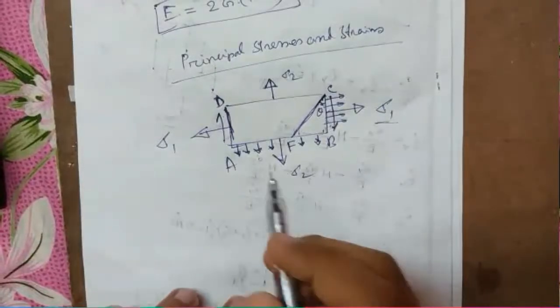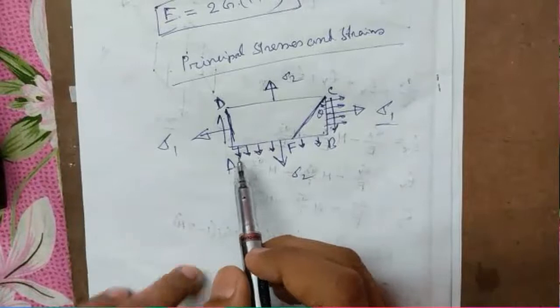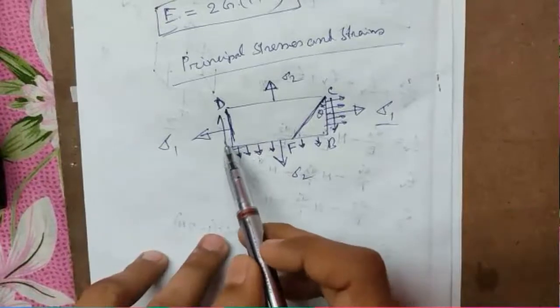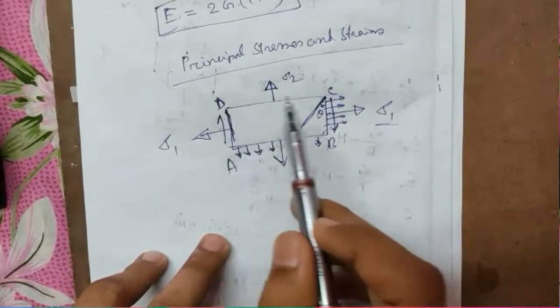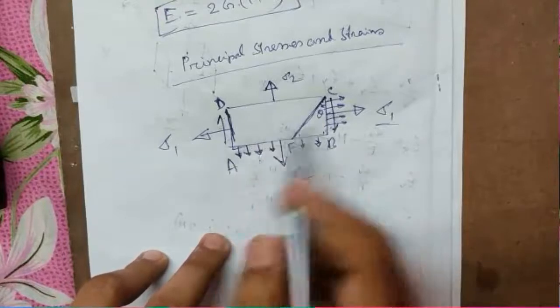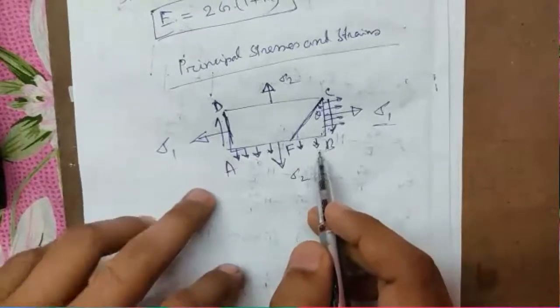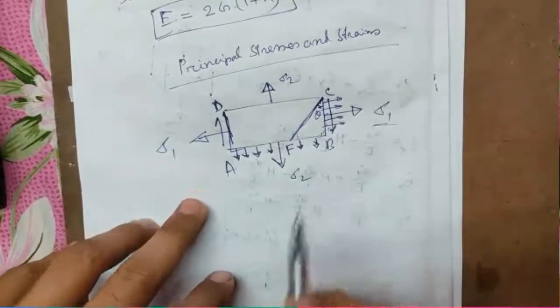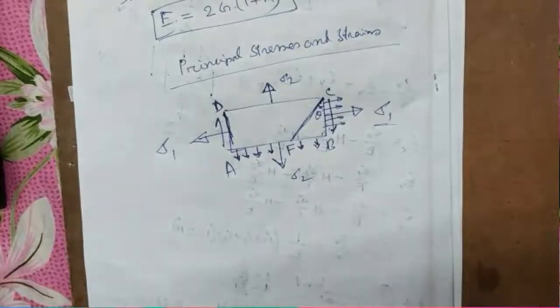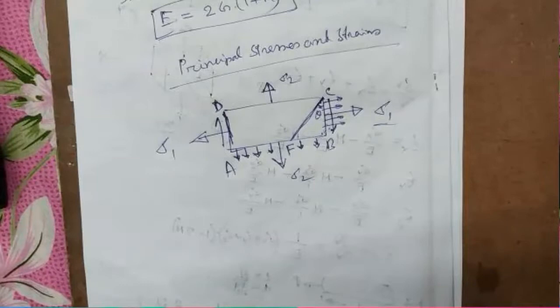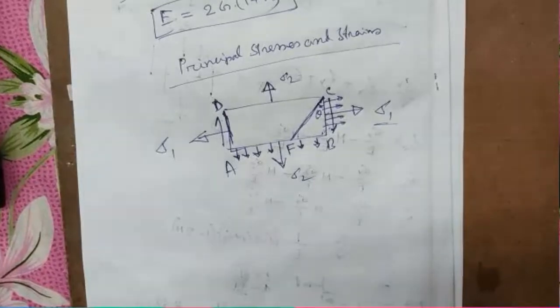Because of the equilibrium, we can say that when there is a clockwise moment caused by these shear stresses on AD and BC, then because the object is in equilibrium, there should be another stress of the same and equal value but in the opposite direction, so that the object or the section is in equilibrium.